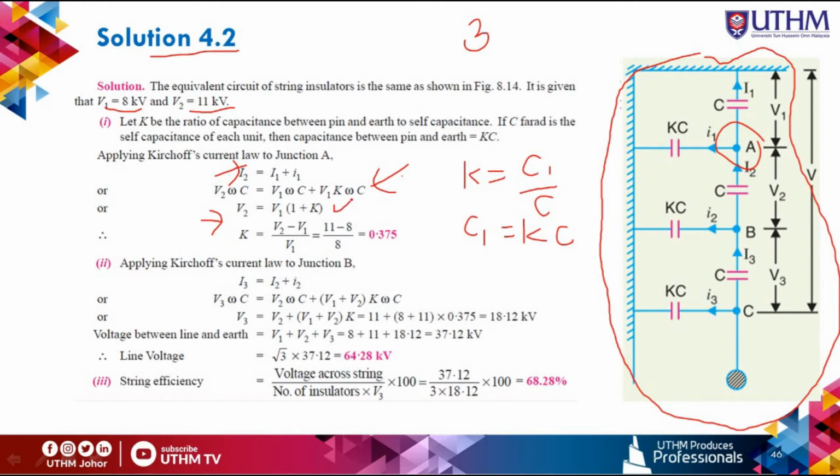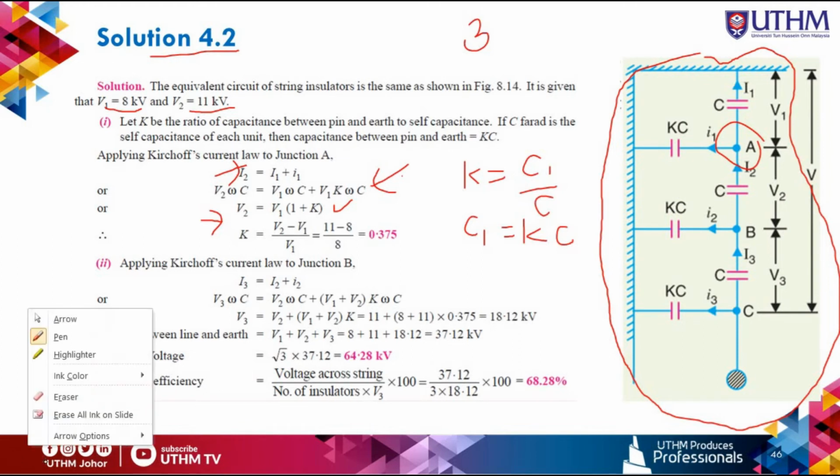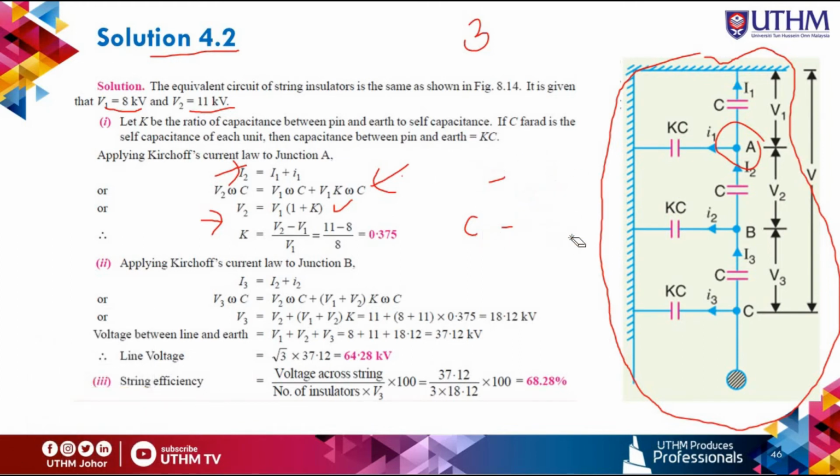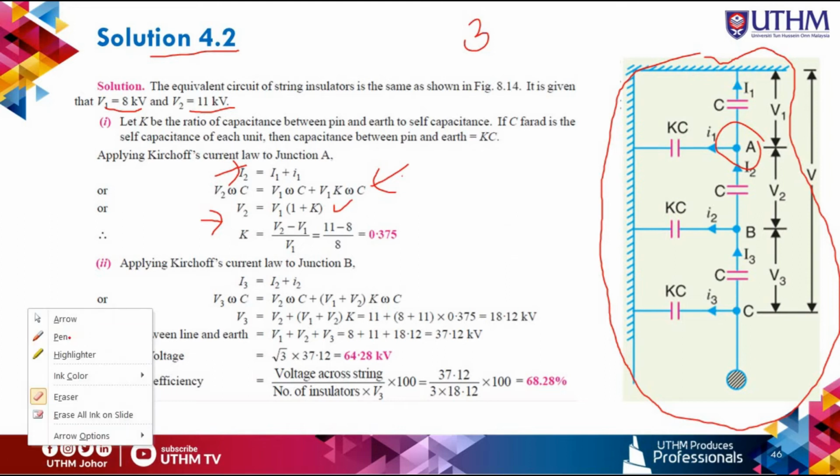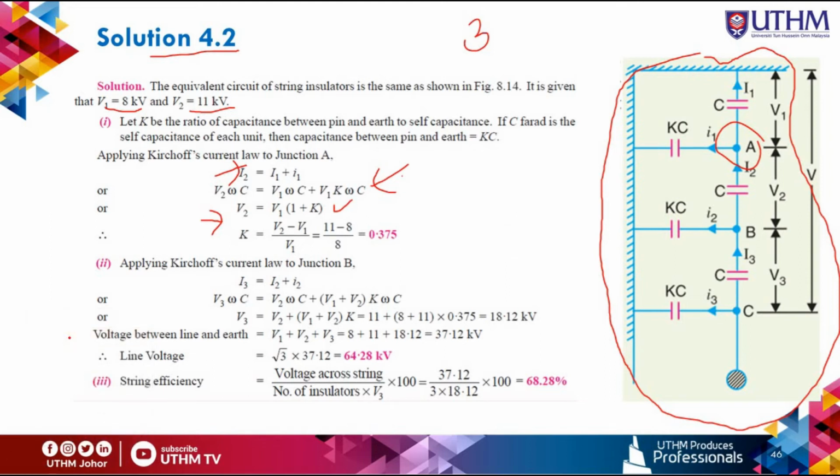From here V2 is equivalent to V1 plus K V1. So K V1 is equivalent to V2 minus V1.